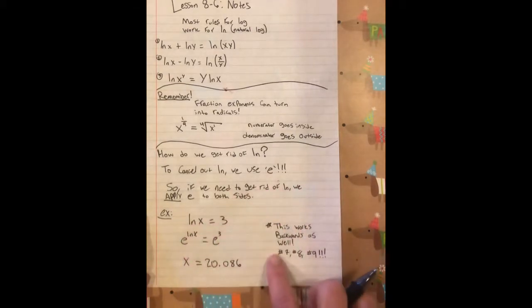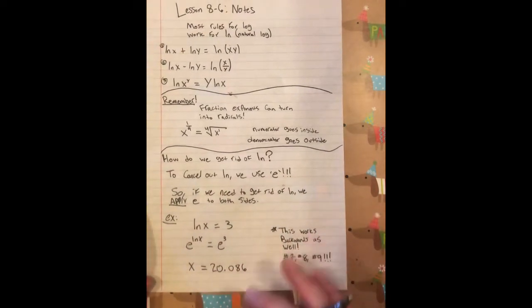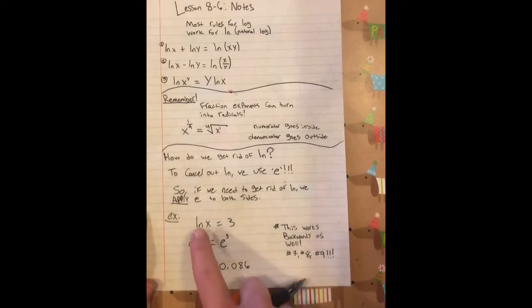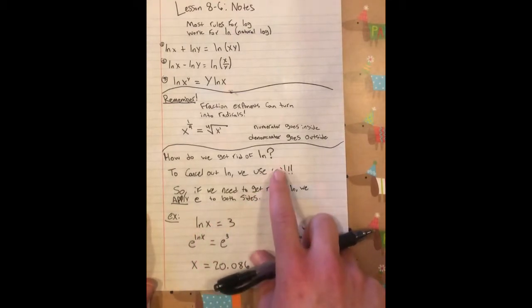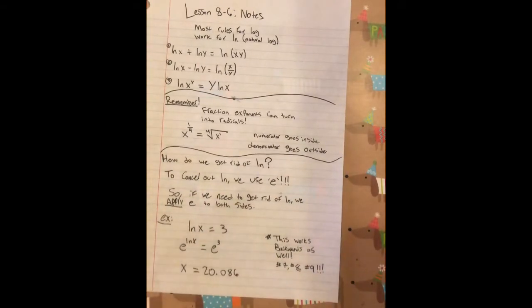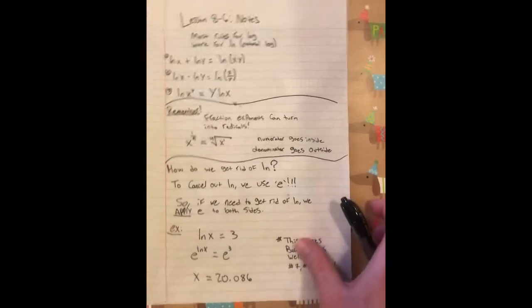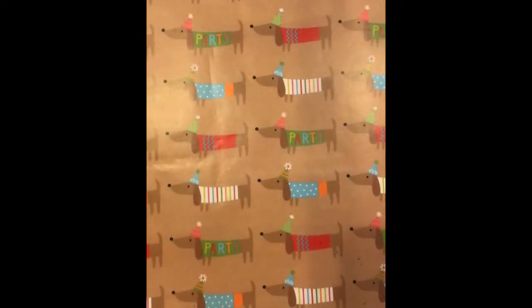You'll see that when we hit those 3 problems, but just know it goes forward and backwards. Just like the opposite of addition is subtraction, and subtraction can kill addition, the opposite of ln is e, and the opposite of e is ln. So they're kind of inverse functions of each other. Keep that in mind, and let's go on to question number 1.